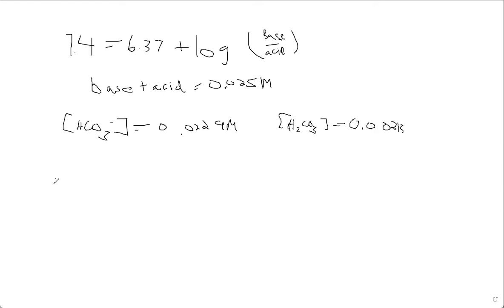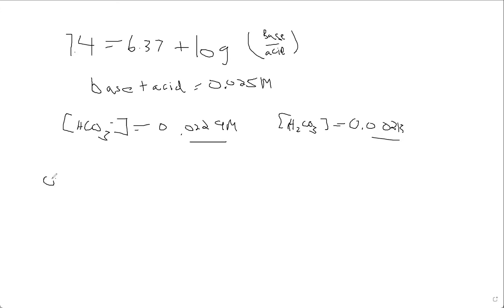Now the next step is how much carbonic acid and bicarbonate does a liter of blood contain? We just solved for molarity, which is moles per liter.